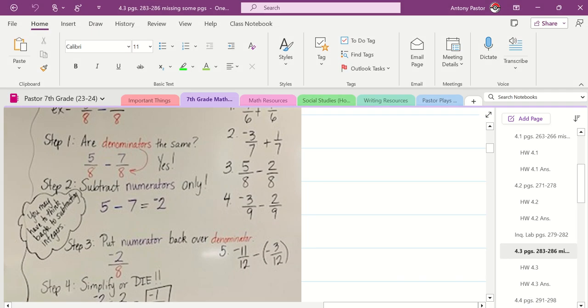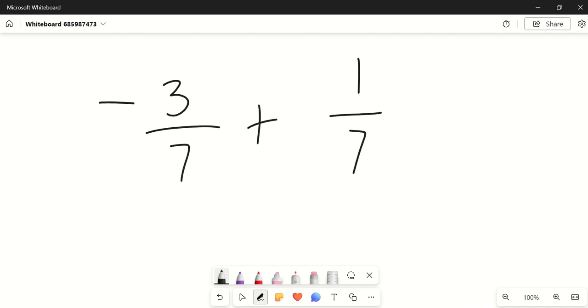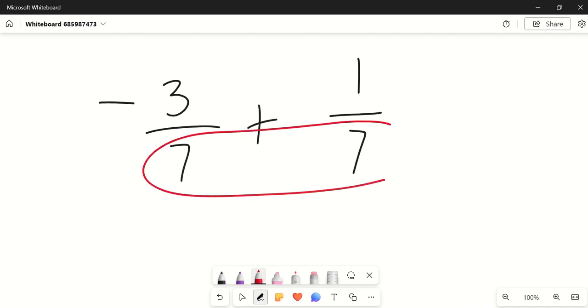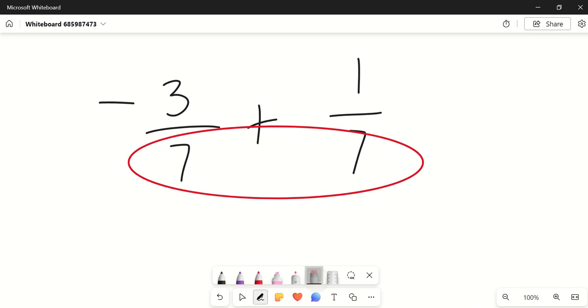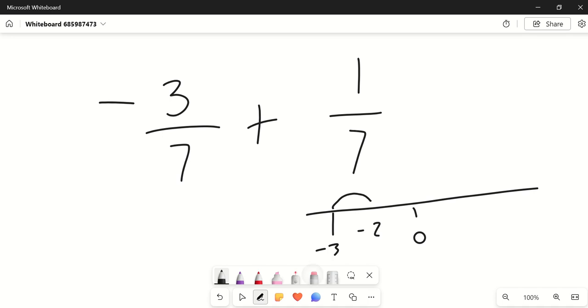The next try is negative 3/7 plus 1/7. Now, both have common denominators, so we don't have to do any work in converting. We're good to go. Now we're going to do negative 3 plus 1. Again, we can do the whole number line thing. Negative 3 plus 1 would jump over 1, which would give me negative 2.